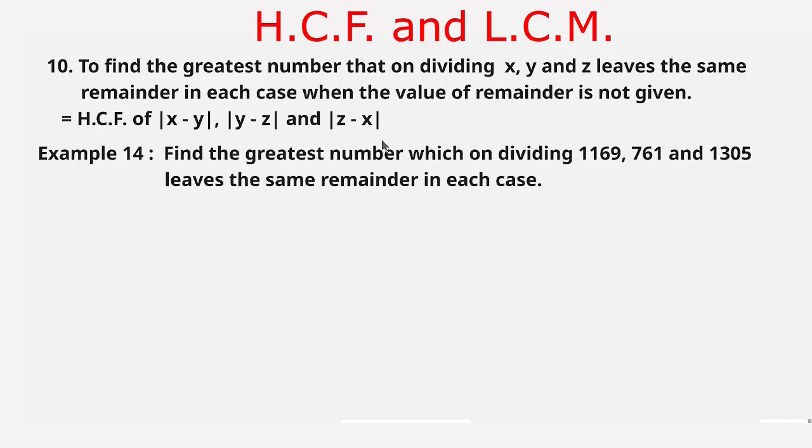Here three numbers are given, x, y and z, and we want the greatest number which divides these three numbers and leaves the same remainder. But that remainder is not given here.